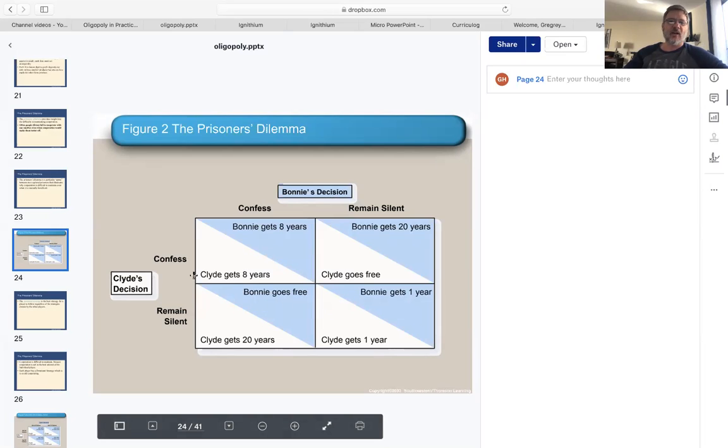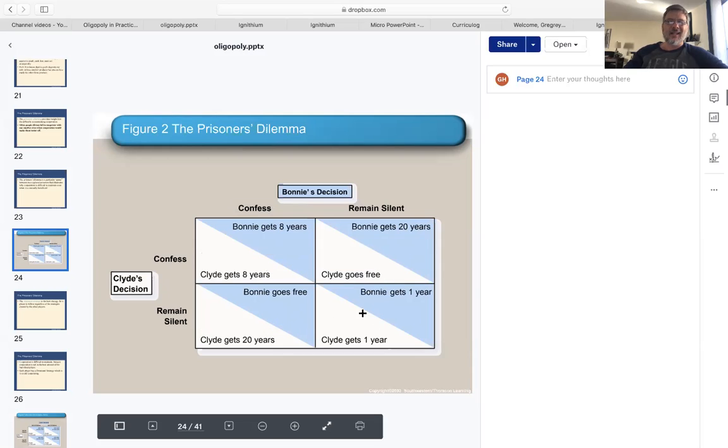Well, then he's just going to compare his payoffs. If I confess, I get 8. If I remain silent, I get 20. So the best thing for me to do is to choose confess if she chooses confess. And then Clyde's going to say, okay, suppose Bonnie decides to remain silent. Well, in that case, I have a choice between choosing confess and doing no time in prison, or remaining silent and doing a year.